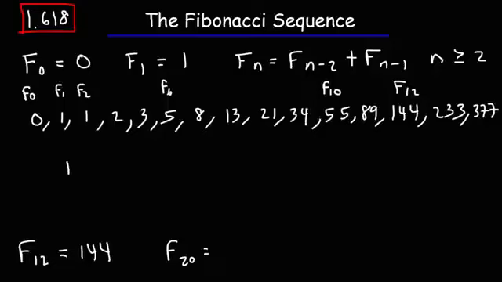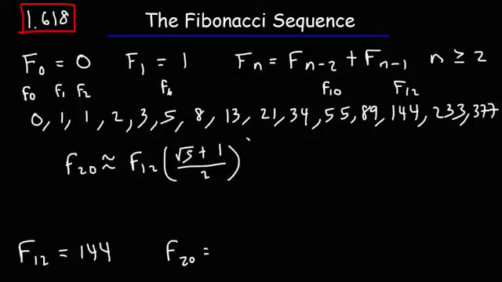So we could say that f sub 20 is approximately f sub 12 times the golden ratio. Since we're increasing, we're going to use the square root of 5 plus 1 divided by 2 raised to the 8th power, because 12 plus 8 is 20. We need to multiply f sub 12 by the golden ratio 8 times to get to f sub 20. So go ahead and type that in.